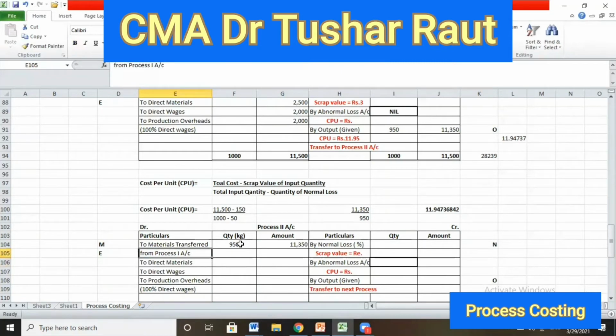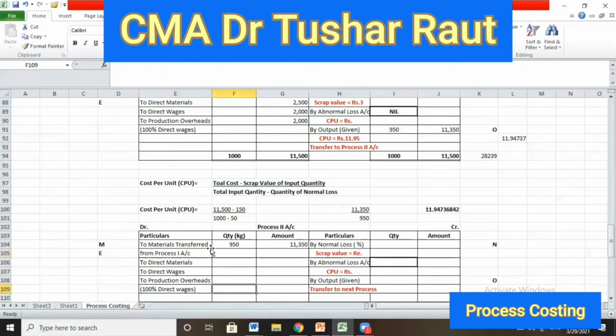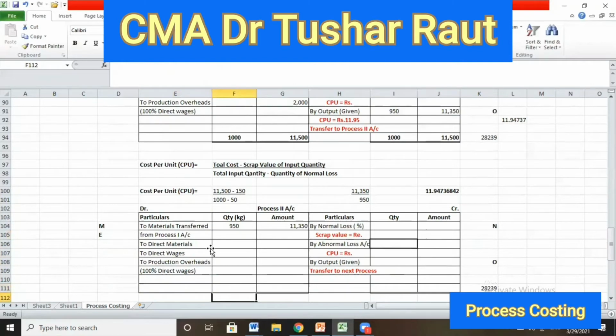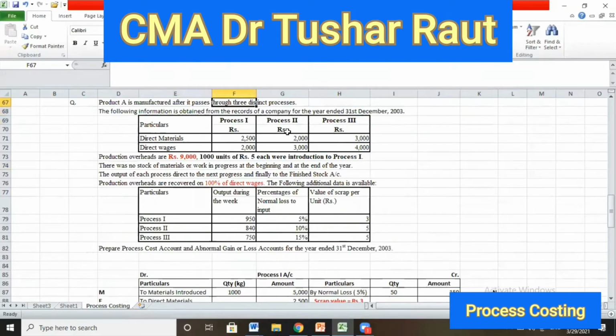Then prepare one format. So after this, direct material, direct wages and production overhead. In case of process 2, direct material is 2,000, direct wages is 3,000, and of course production overheads will be again 3,000.